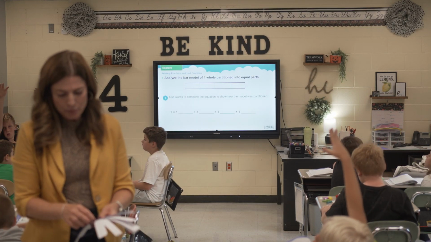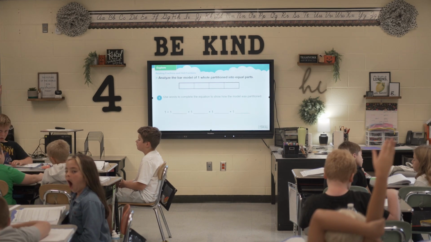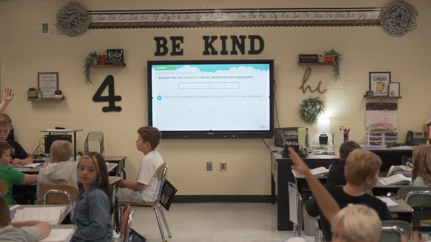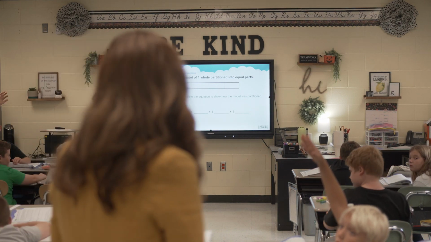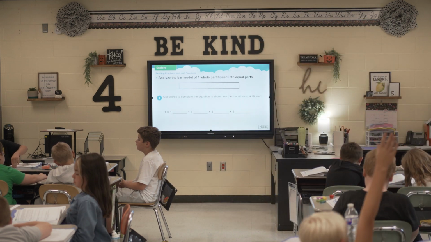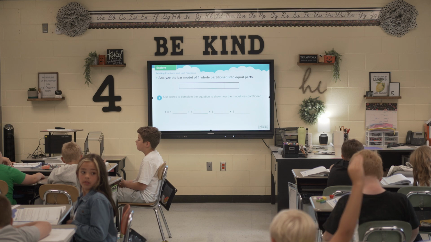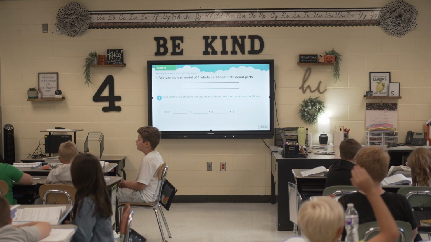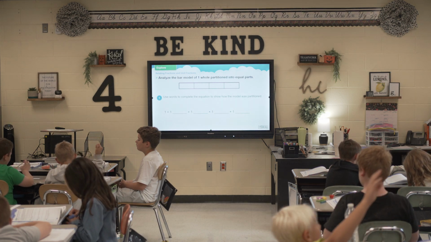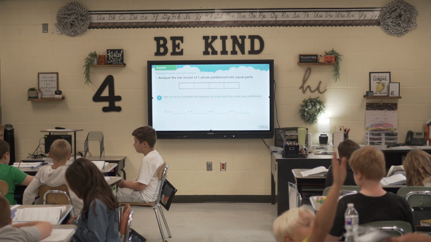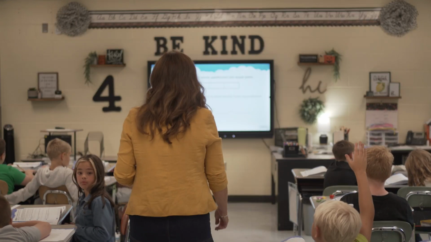If those were 4 equal parts and we were going to give them fraction notation, what would each equal part represent in terms of a fraction? Yes, sir. I think it was 1/4 because there's only one bar, and then you have one.